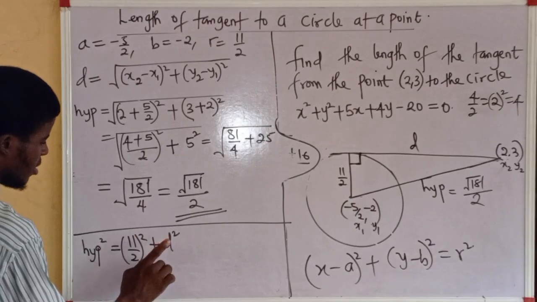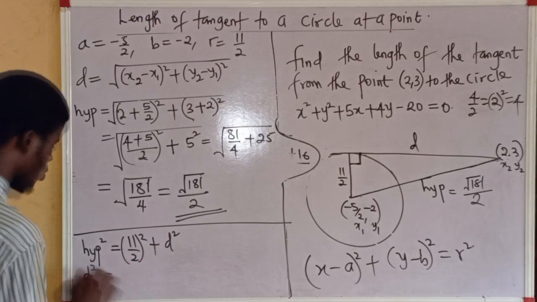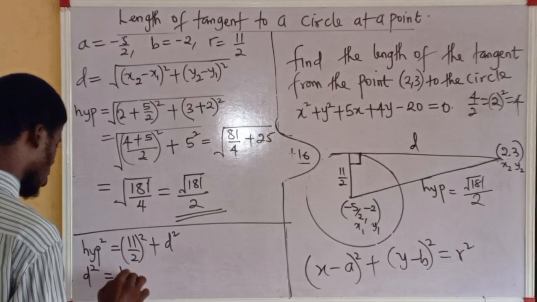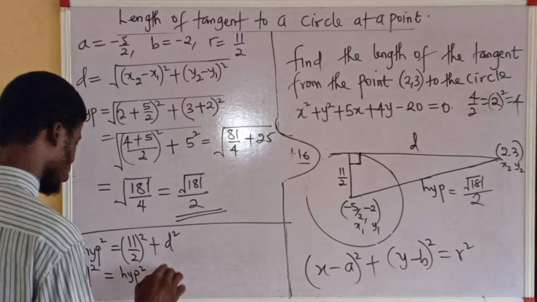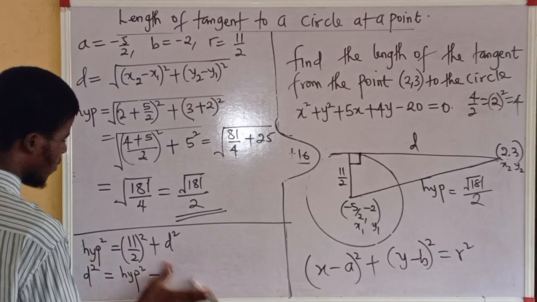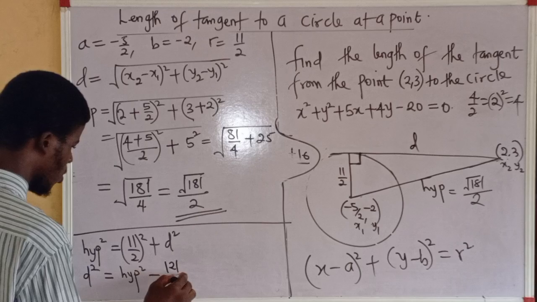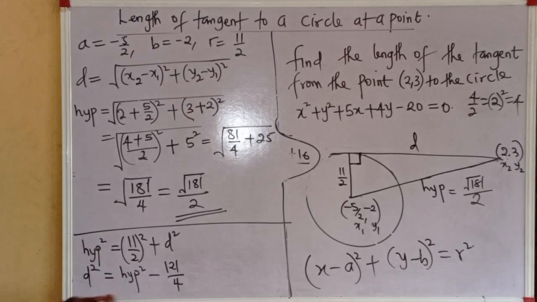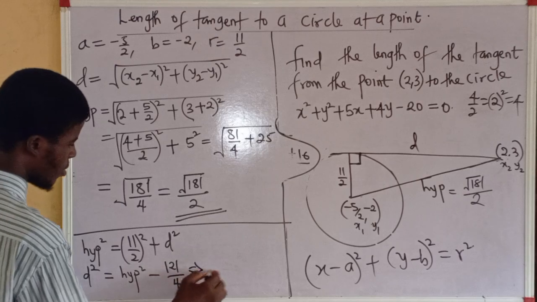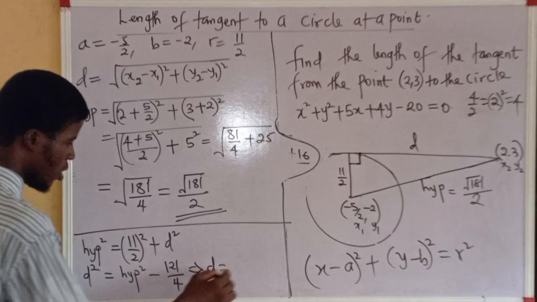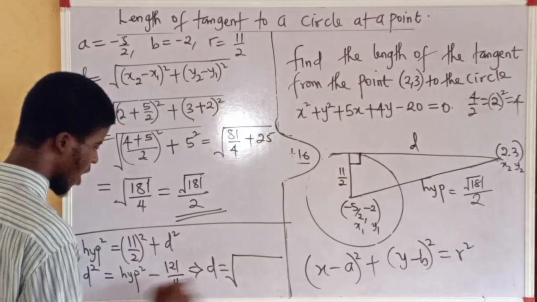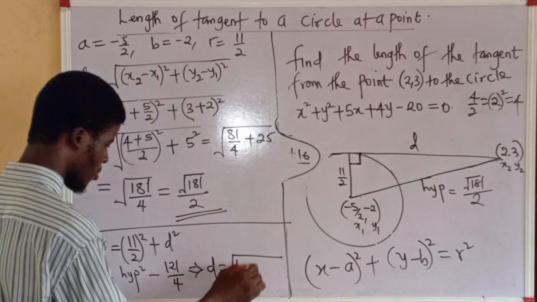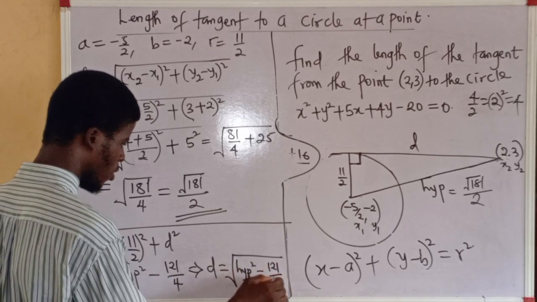It means that d squared is equal to the hypotenuse squared minus 11 over 2 squared. 11 over 2 squared is simply 121 all over 4. Okay? So d actually will be equal to the square root of the hypotenuse squared minus 121 all over 4.